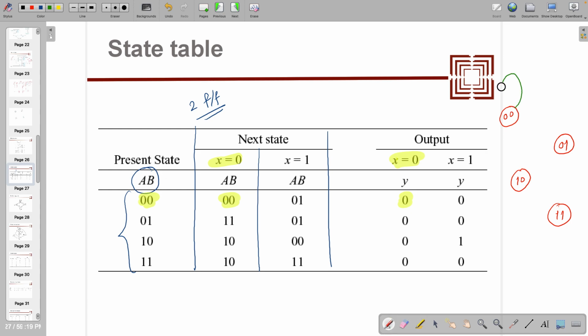When x equal to 1, y equal to 0, next state is 0 1. So how to draw that? Right?